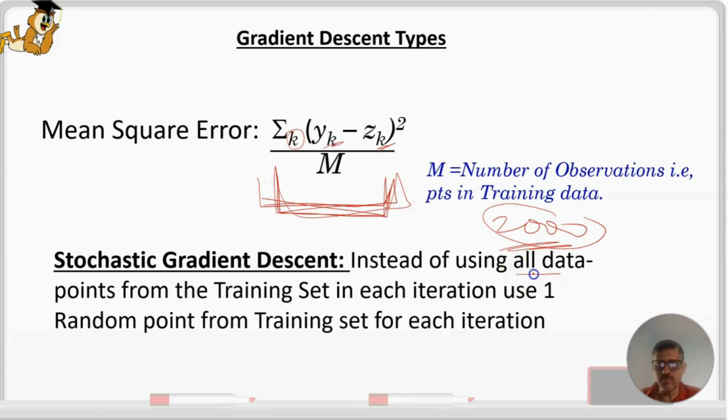Stochastic gradient descent says use one different random point from the training set for each iteration. So this summation goes away entirely. What you were doing 2000 times in every iteration, you just do once by selecting a random point. It almost seems like an outrageous idea, right? How can we take one random point and decide our direction based on that?